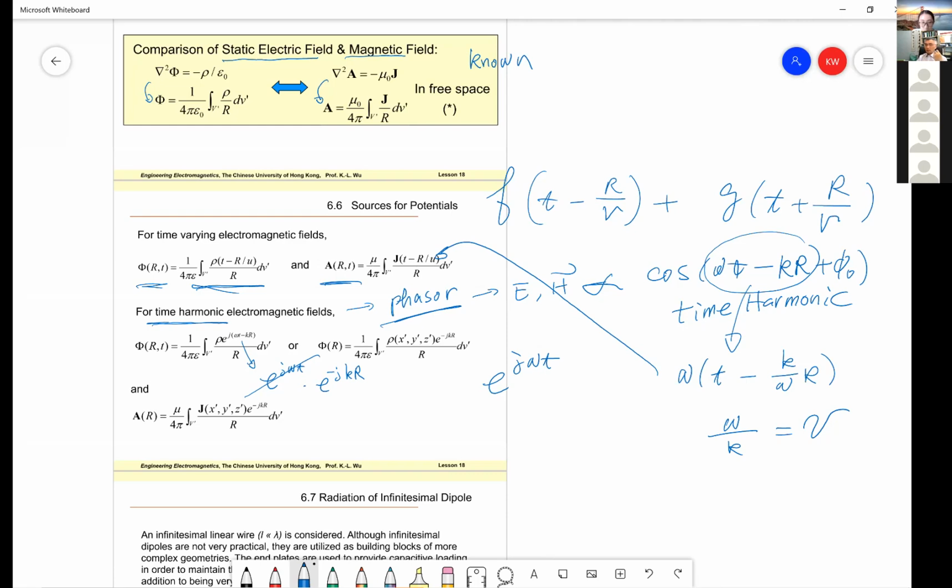So these two expressions can be simply expressed as this and this, if we keep this in our heart.